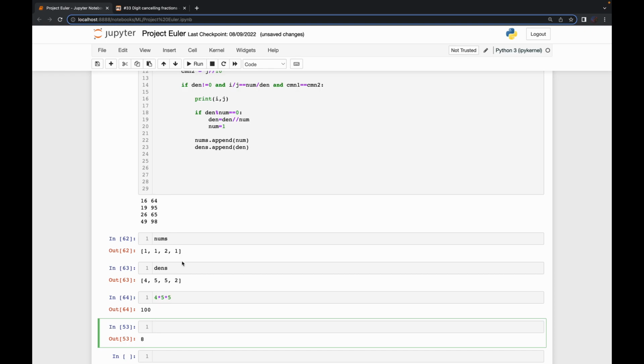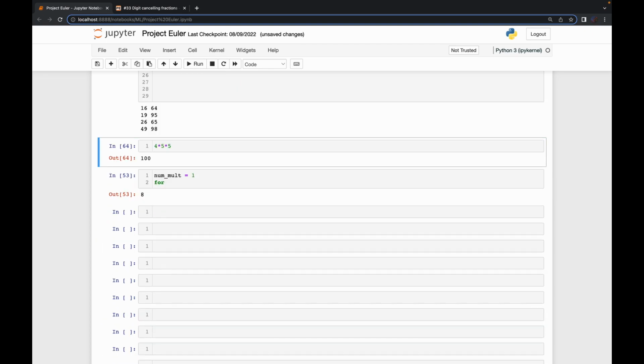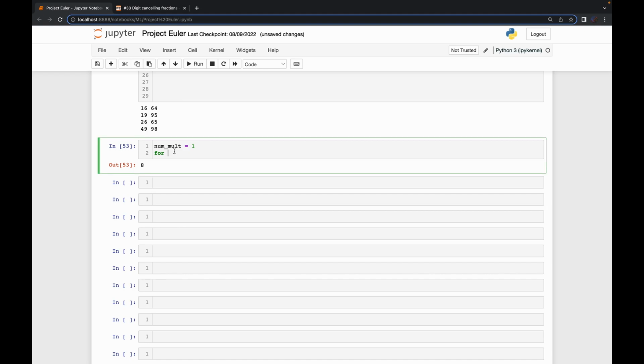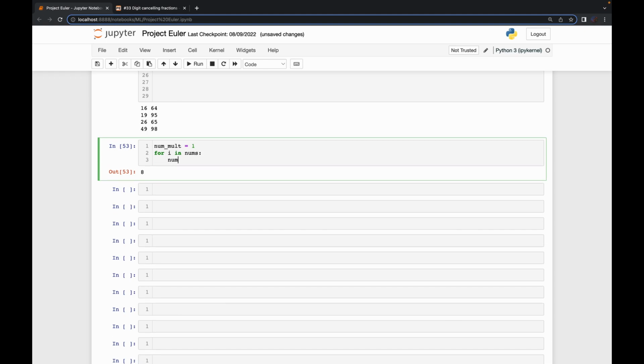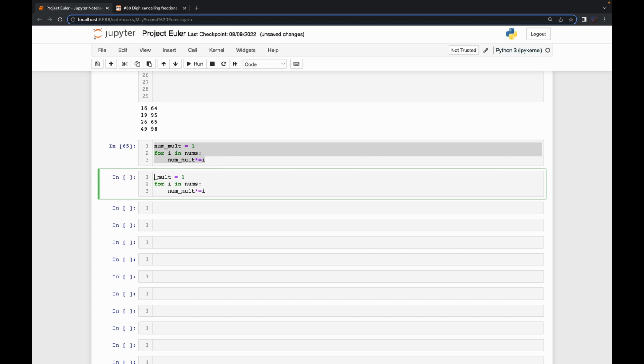So I write a loop: numerator multiply equal to 1, and for i in nums, num multiply star equal to i, and similarly for dens with den multiply.